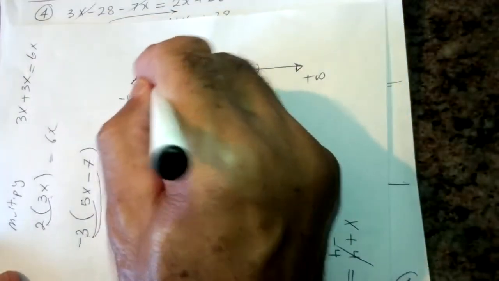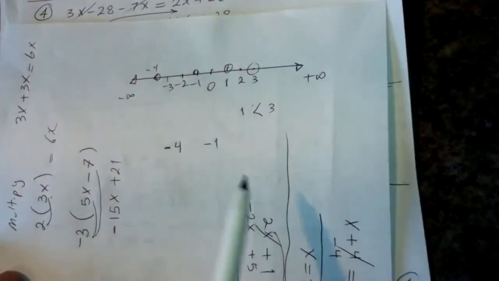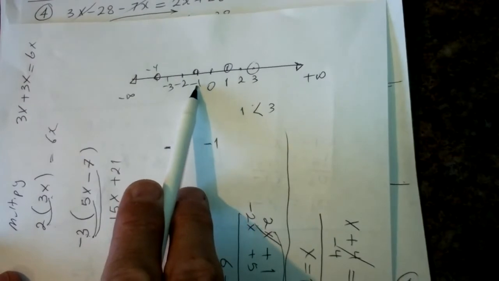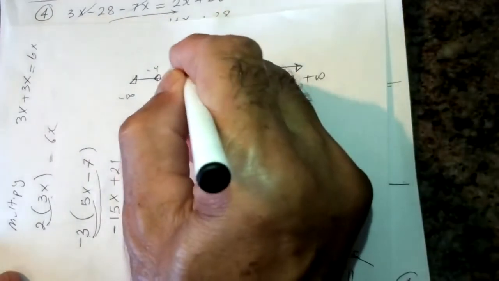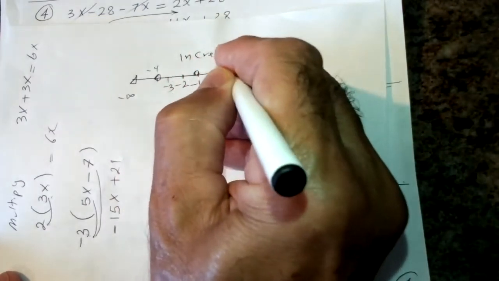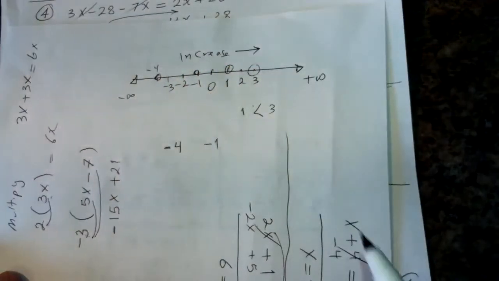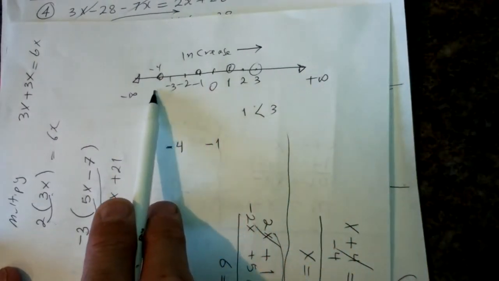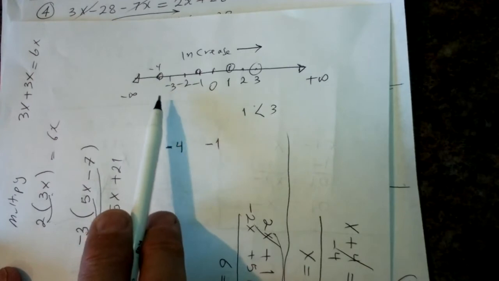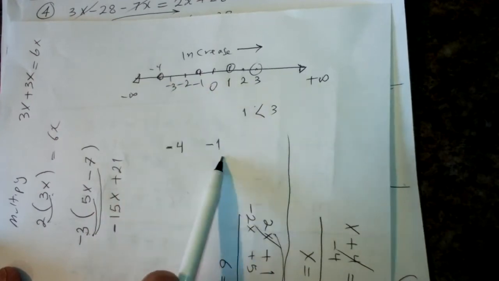Negative 1 is on the right side. See how the number always increases on the number line when you go in this direction. Is minus 1 greater than minus 4? Yes. Minus 4 is less than minus 1.